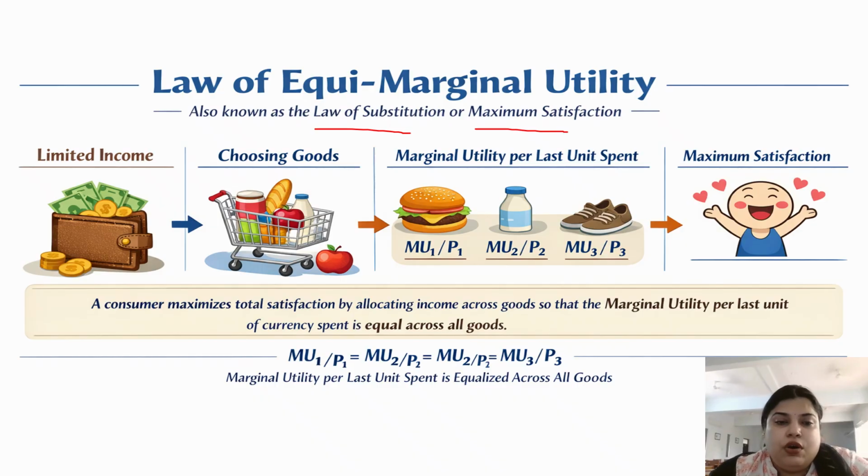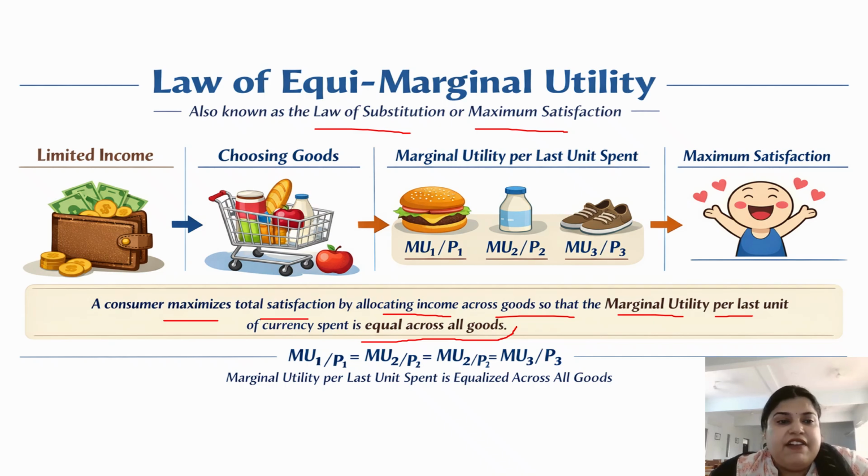So what does the law of equimarginal utility say? The law of equimarginal utility says that the consumer maximizes total satisfaction by allocating income across goods so that the marginal utility per last unit of currency spent is equal across all goods. Let's take this example.